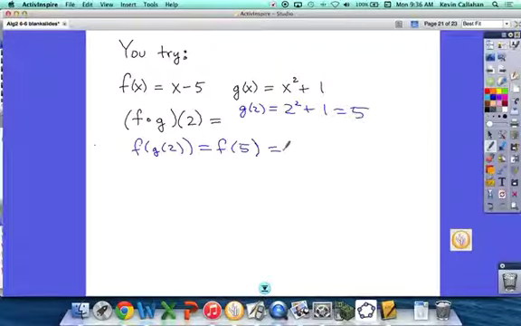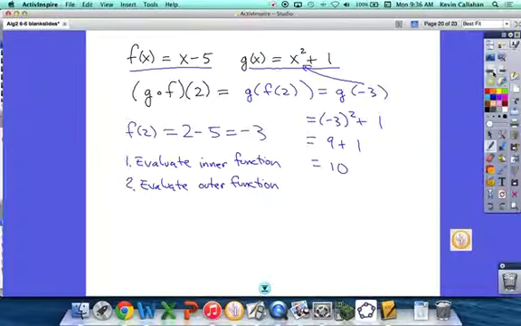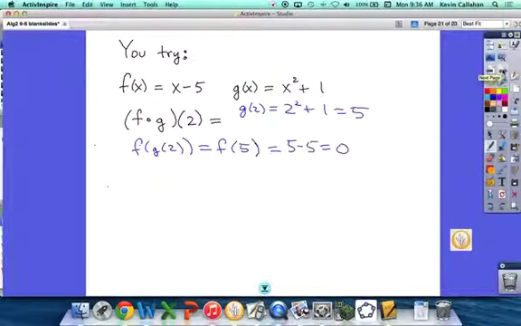And that is 5 minus 5, 0. So that's composition of functions. Again, we just did the opposite. We did g of f of 2, and we got 10. We did f of g of 2, and we got 0. Order matters, right?